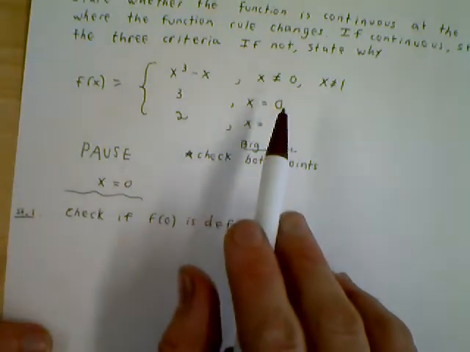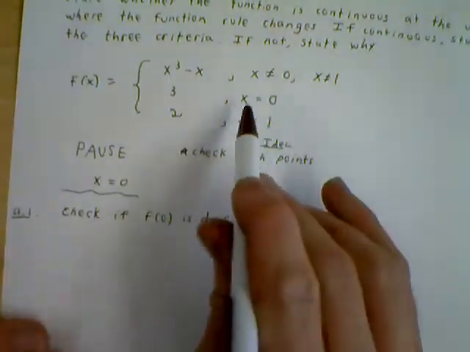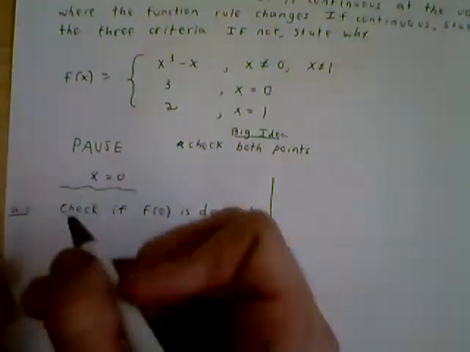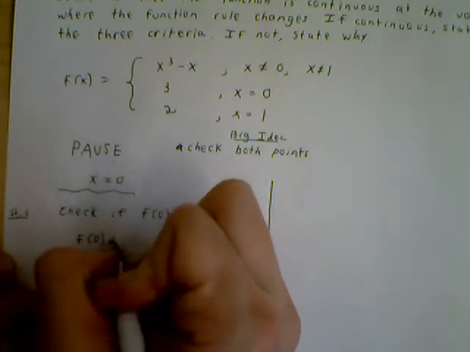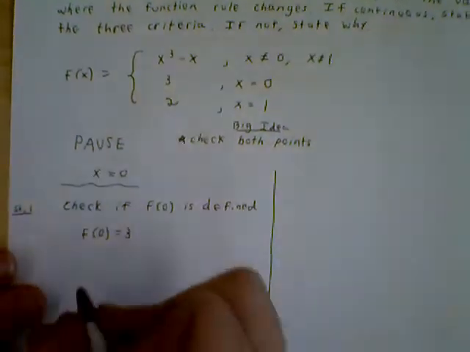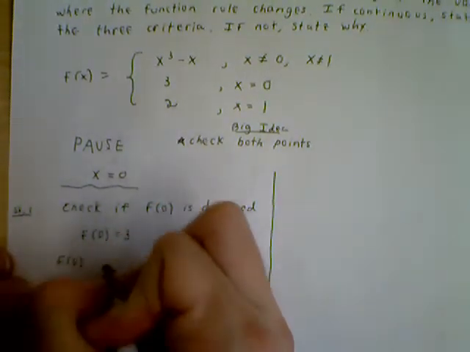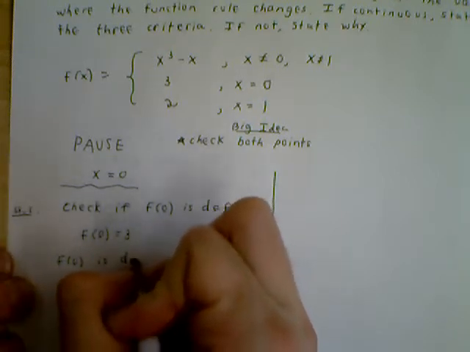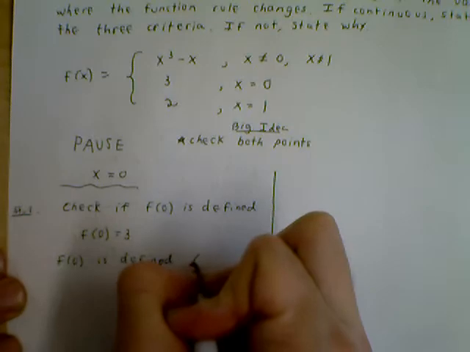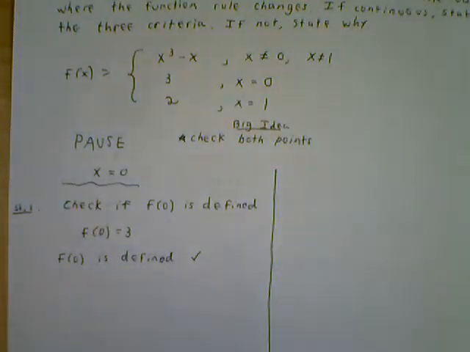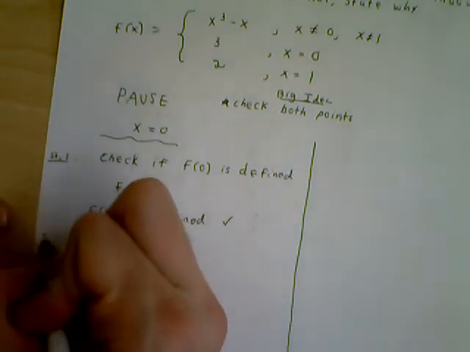I just look in my rule where I'm allowed to plug in 0. When x equals 0, y equals 3, so f of 0 equals 3. So I can say f of 0 is defined. We met our first criteria for continuity. Now let's check the second.